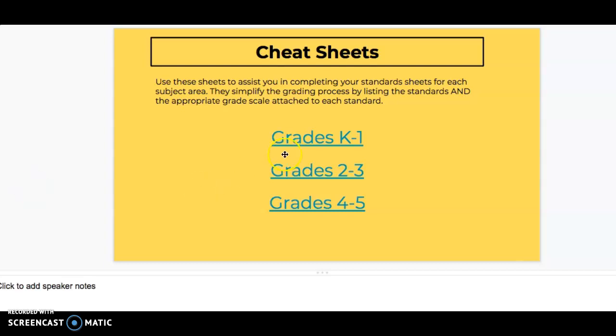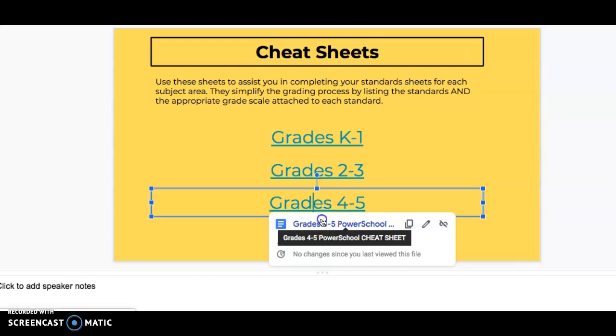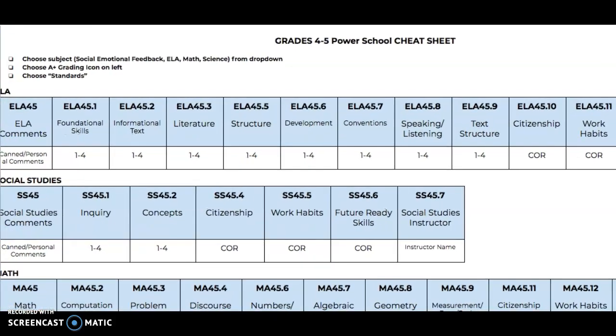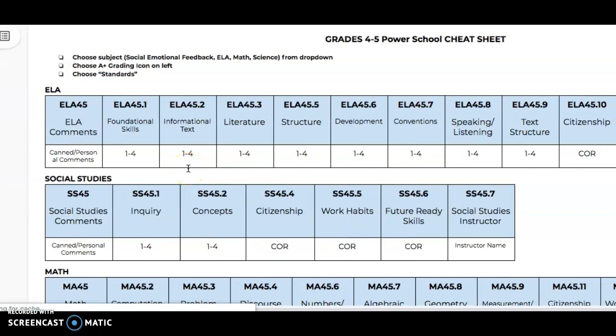One of the things that we found was sort of clunky was the idea that you had to hover above the standard to see exactly what it is. So we created cheat sheets for each grade. I can imagine that you would put this next to you as you're filling out your scores. You can check on the top where it tells you exactly what to do.